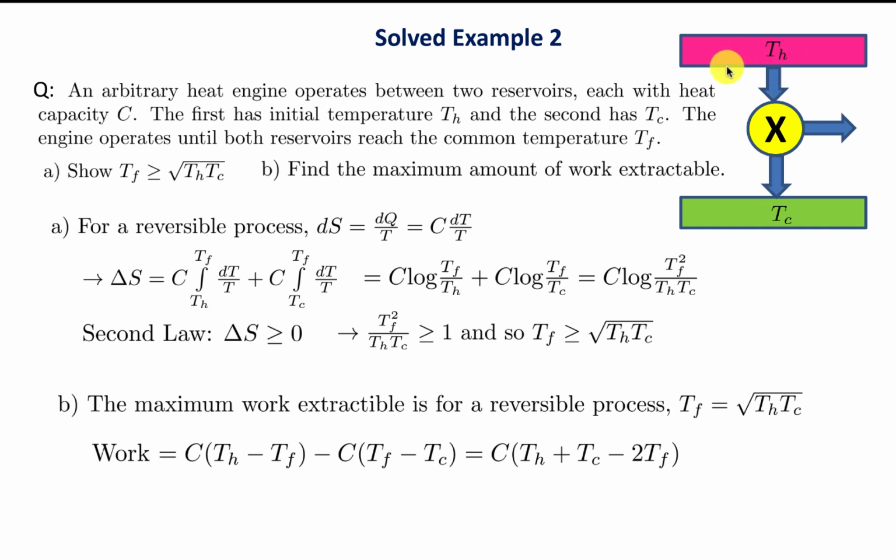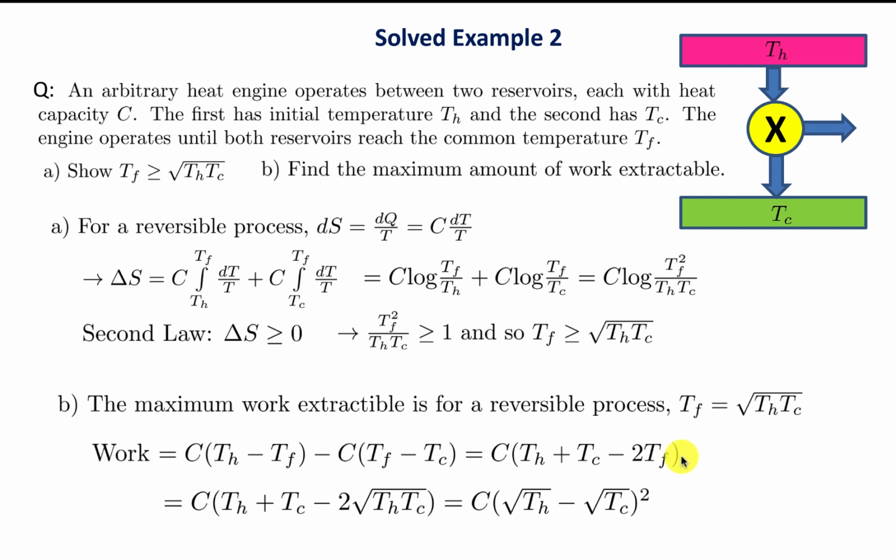The total heat absorbed will be C times the change in the temperature of the upper reservoir minus the expelled heat, which is this. So when you add them up, you get this. Put in TF equal to this, which means that the work obtained from this machine will be equal to this. Here I've put it in the form of a total square, and that makes clear that we get a positive amount of work out from the machine.